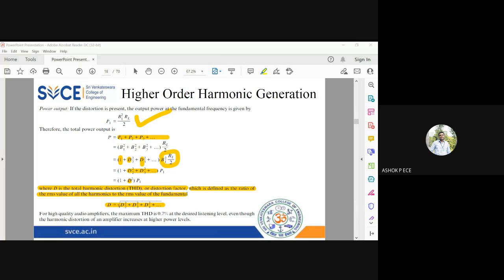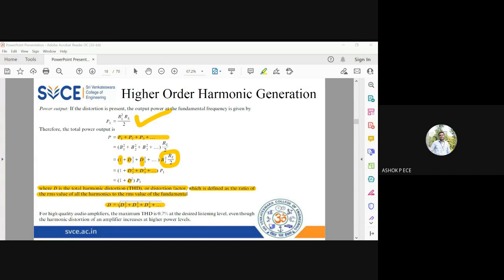See the presentation. Distortion, sir. Capital D is called distortion. Do you require distortion or not? We don't want distortion, sir. So what should be the ideal value of this capital D? Zero, sir. Zero, very good. So the value of D ideally has to be 0.